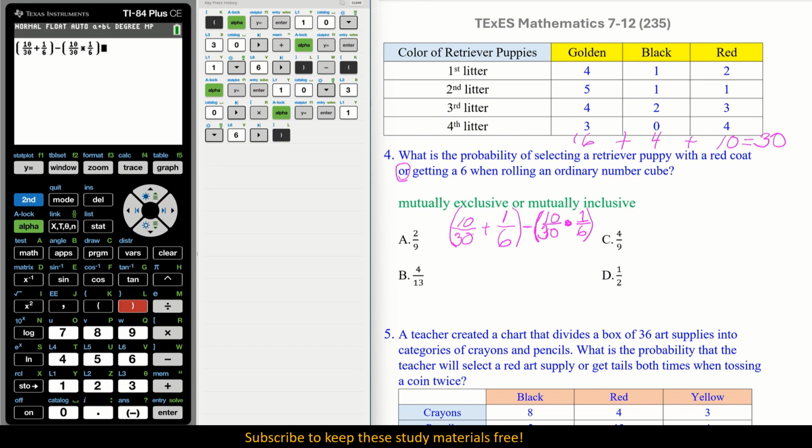Arrow over and close our parentheses, double check our entries because I do make typing mistakes.